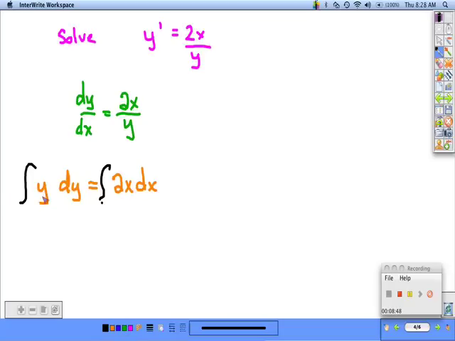Integral of y with respect to y is 1/2 y squared. The integral of 2x with respect to x is x squared, and on one of these two I need to put a plus c. Now to find out what the original equation was, we solve for y. So I'm going to multiply everything by 2.